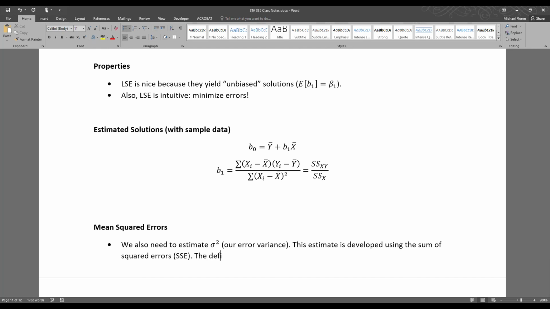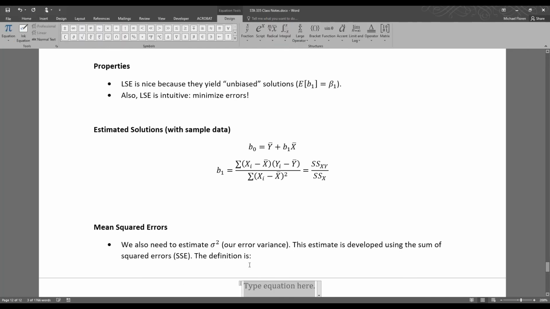The definition, or the equation to find this, is: our estimated variance, which is also called MSE, or the mean squared error, is the sum of squares of error divided by the degrees of freedom of the error. That is the sum of the errors.